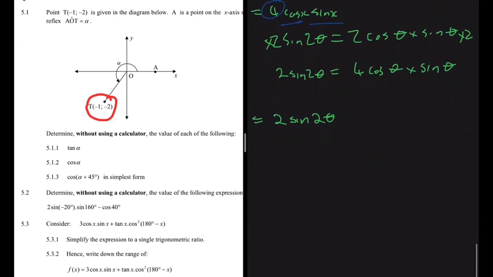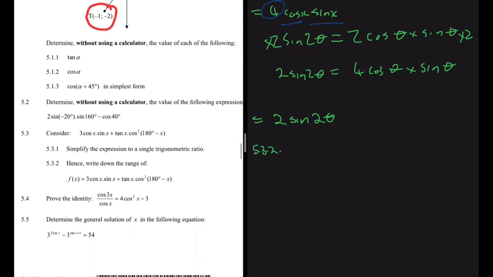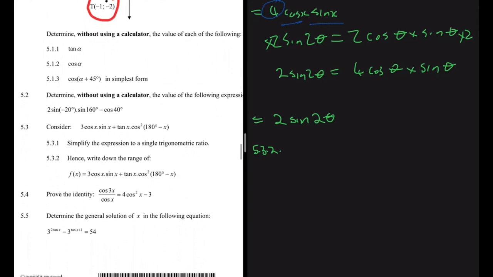We can move to 5.3.2. 5.3.2 says write down the range of f of x is equals to the expression we basically had, right? So in place of f of x, we can just put 2 sine of 2 theta, right? And then now we have to go to the basics.